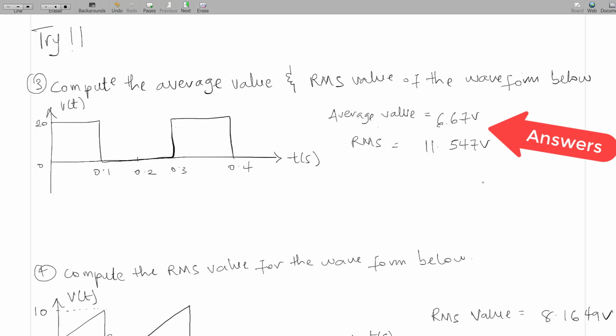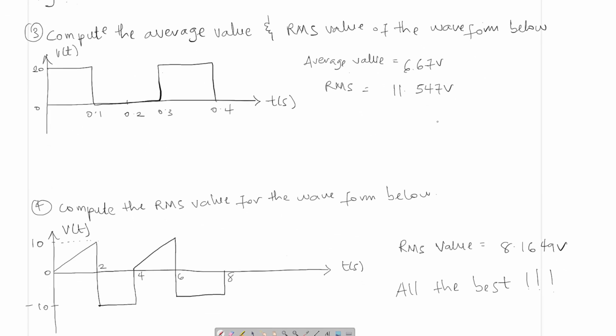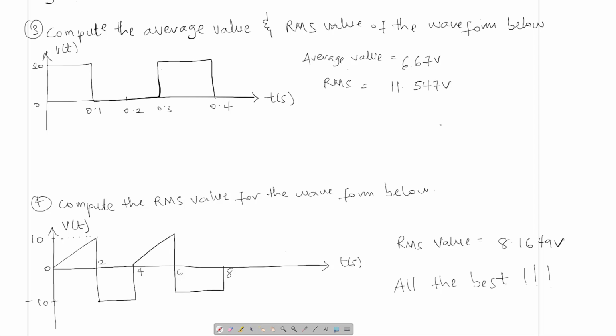And if you don't get it, that means you need a lot of work. You have to sit down, or you can contact me and maybe you can see me privately, then we talk about that. And question 4 also says you should find the RMS value of the waveform below. I also have the answer here, but I never spoke about average value.